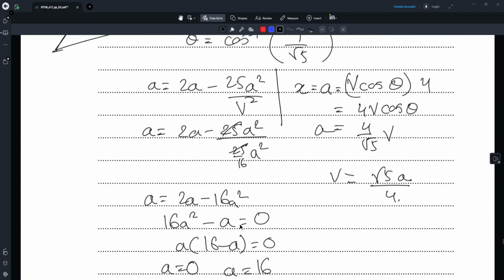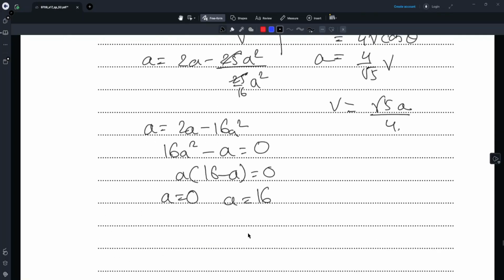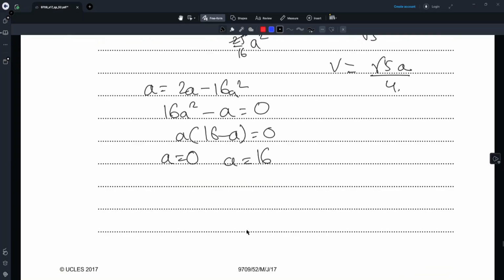What we're trying to say here is that the x and y coordinates are exactly the same. In order to do that, there are two possible cases where both of them are 0 or both of them are 16. So a has to equal 16, otherwise we would not get there. This is the first answer.